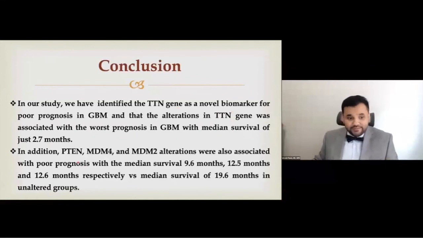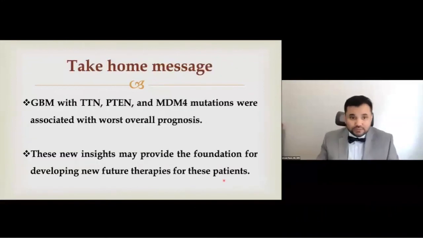In addition, alterations in PTEN, MDM2, and MDM4 were all associated with poor prognosis, with median survival within 1 year, compared to the median survival of the unaltered group, which is 19.6 months. So it is drastically reduced.